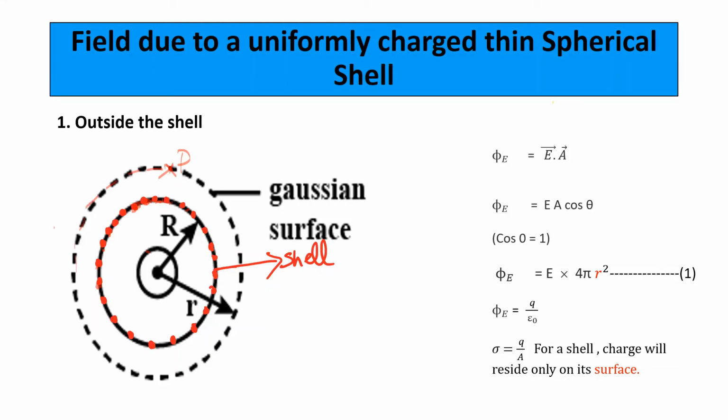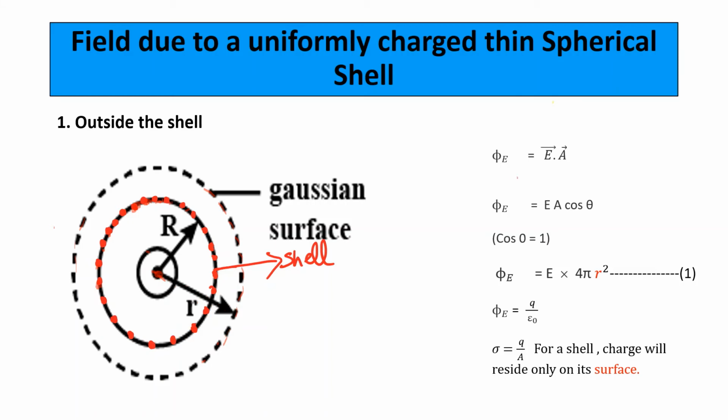This is the Gaussian surface, which is a sphere outside this shell. Let small r be the radius of this sphere, the distance from the center to the Gaussian surface. It is indicated by the small letter r.